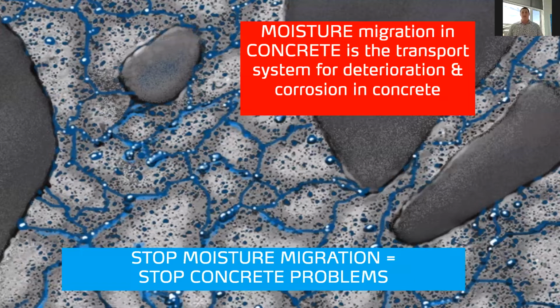There are many traditional methods, but if we can stop that moisture migration, we make that cover concrete really do its job. Cover concrete is there to protect the reinforcing steel. If we make it waterproof and stop moisture moving through the cover concrete and reaching the steel with its contaminants, we stop that problem.